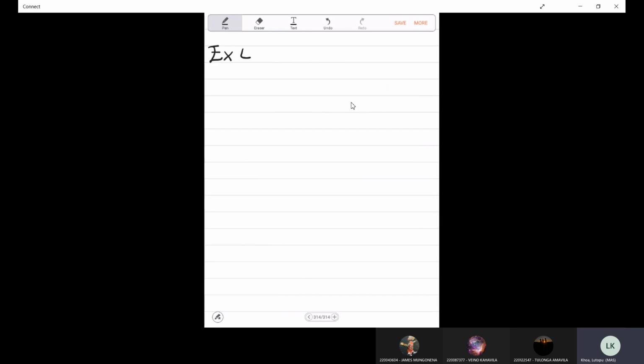So exercise 4.4. Let's look at number 15. I would like to see how you guys do that one. This is the integral of sine squared x cos to the power of 3 of x dx. Then number 16 as well.